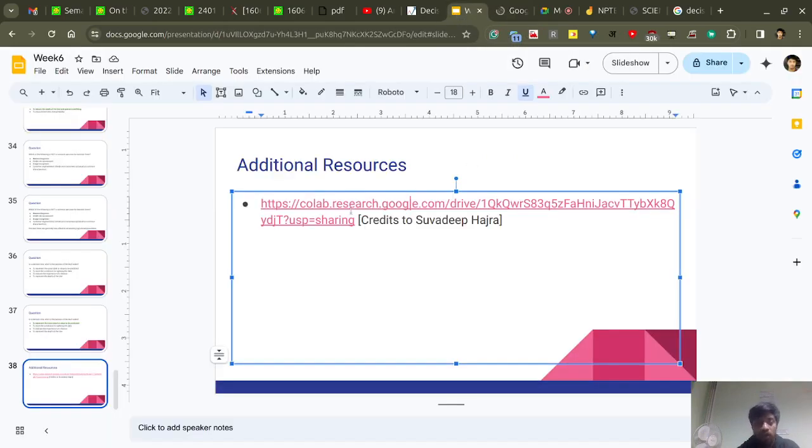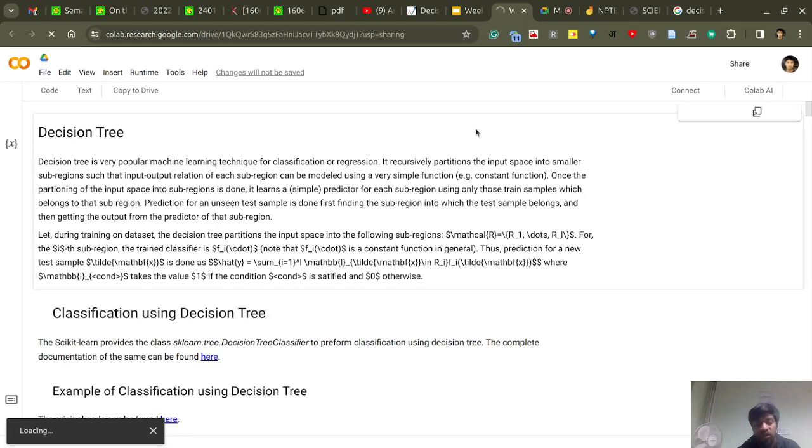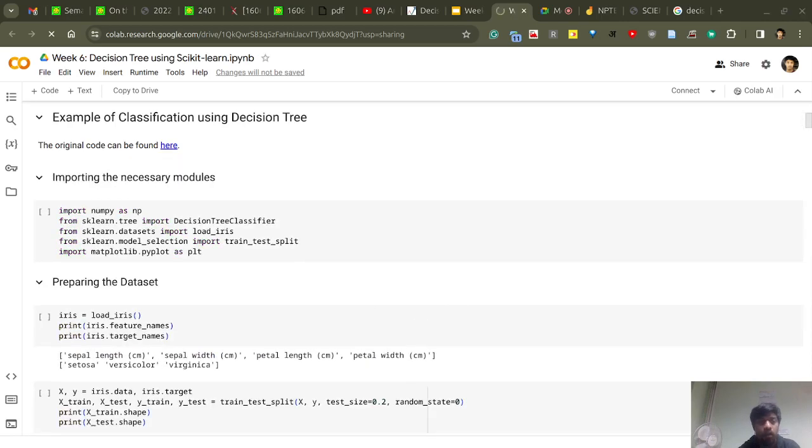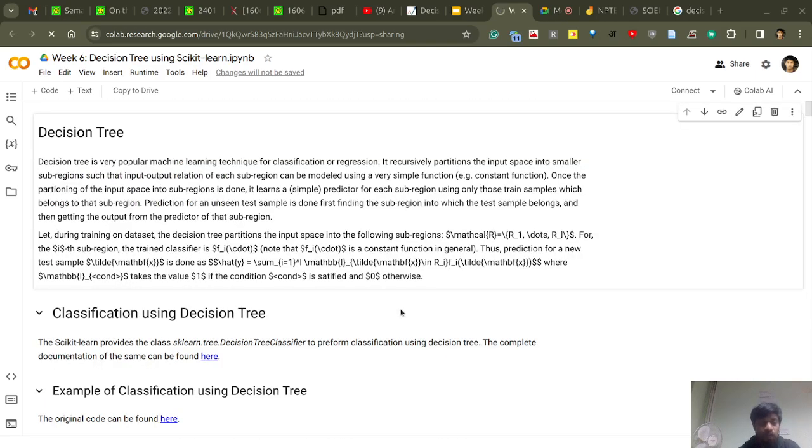I will share the link to the slides, and you can find the link in the slides. So I'm just opening this. You can load the dataset and build the decision tree.